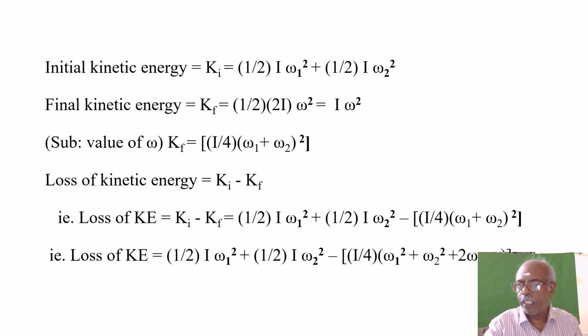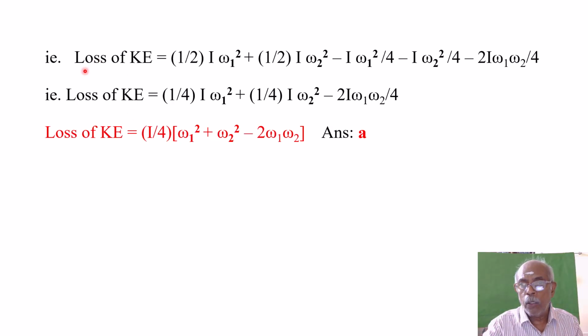Okay, yes. Now loss of KE is equal to 1 by 2 I omega 1 square plus 1 by 2 I omega 2 square. You put the minus I by 4 inside the bracket. So minus I by 4 into omega 1 square, minus I by 4 into omega 2 square, minus I by 4 into 2 omega 1 omega 2.